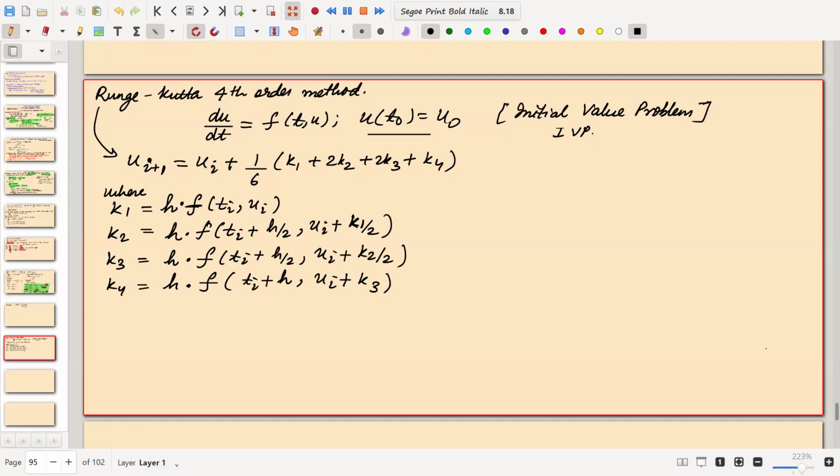So maybe let me make this a bit more understandable. Runge-Kutta fourth order method.